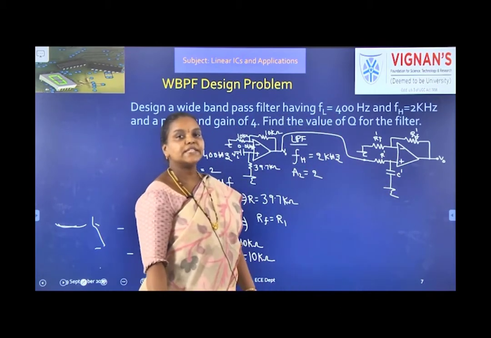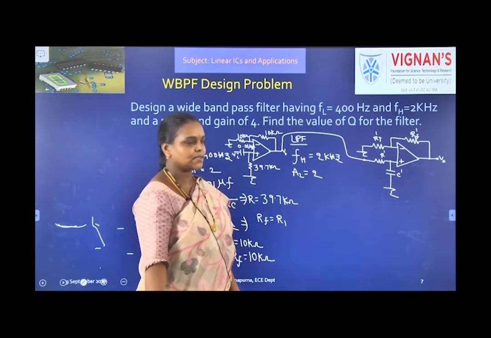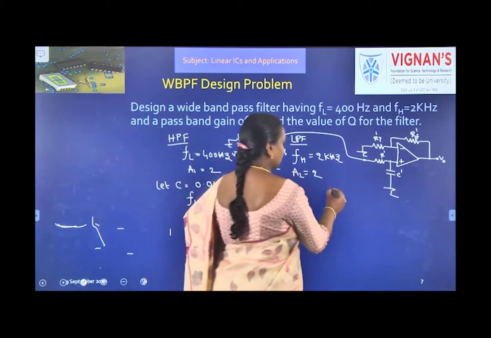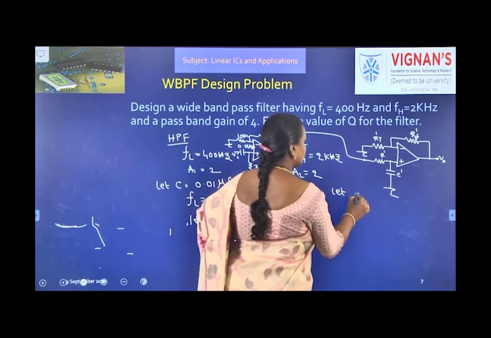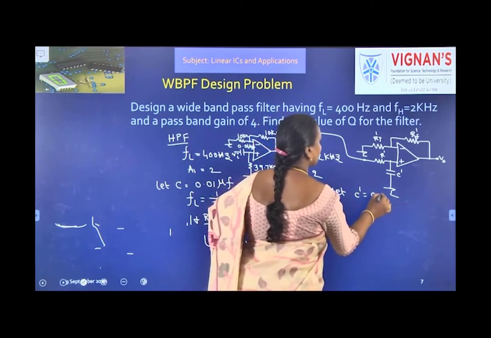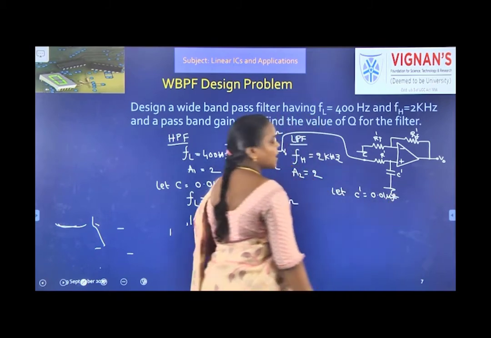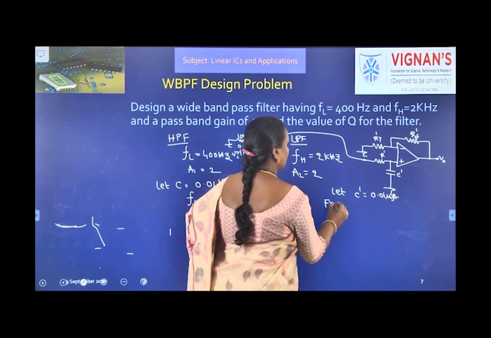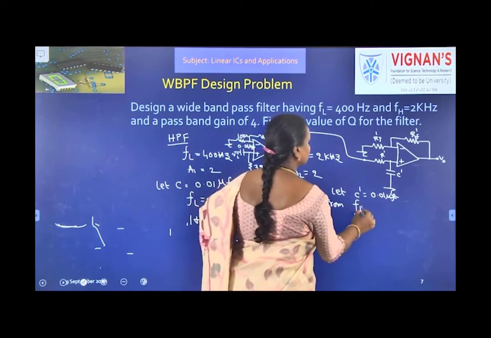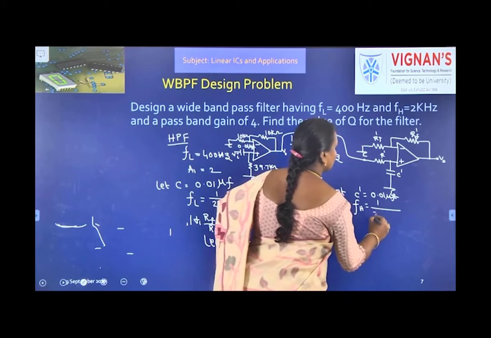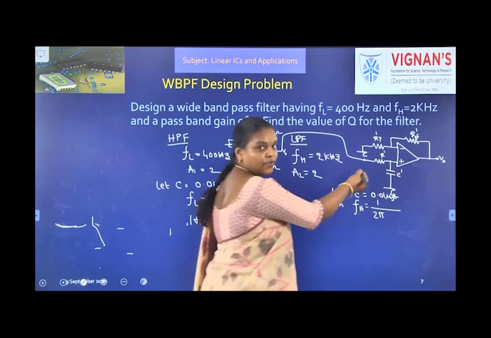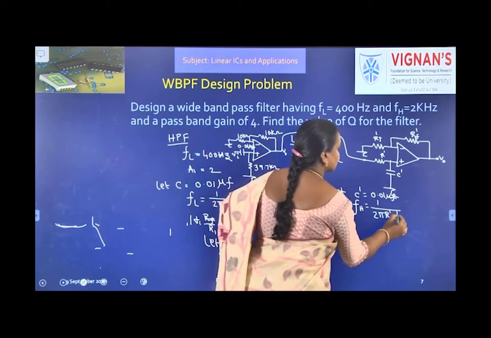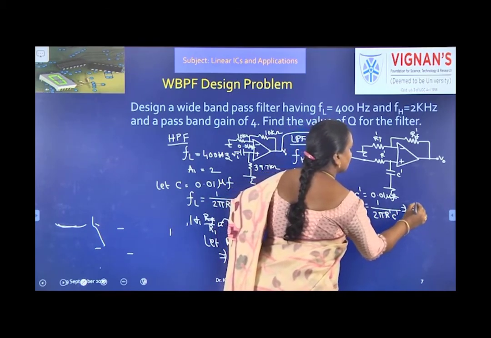Okay. So, how to design the low pass filter also we have seen in the last classes. So, first we need to assume the capacitor value, that is C dash. So, let C dash equal to 0.01 microfarads. And what is the cutoff frequency formula? FH equal to 1 by 2 pi RC, but here we have taken R dash and C dash. So, from this you can find the value of R dash.